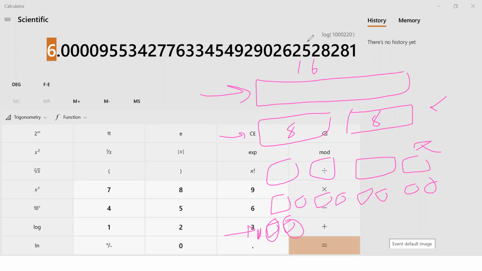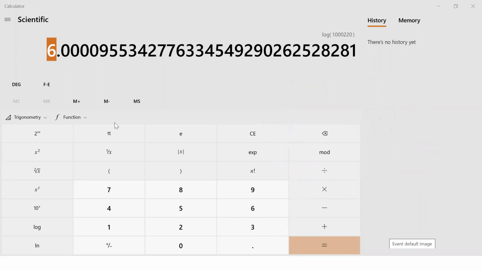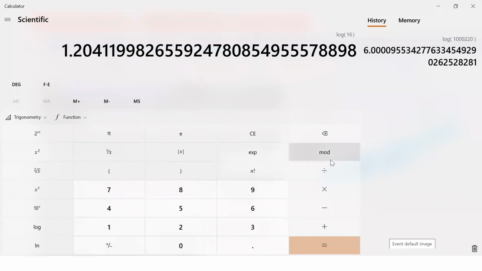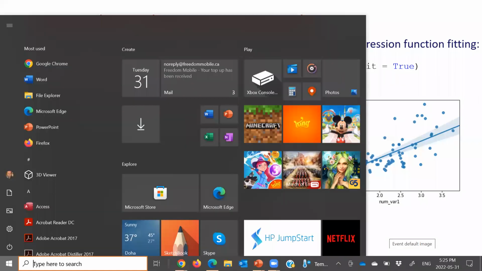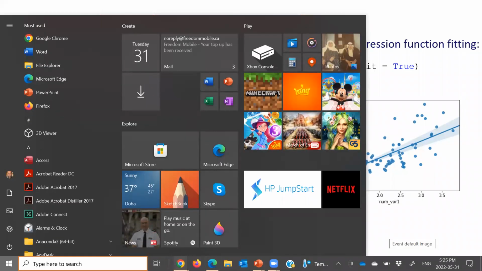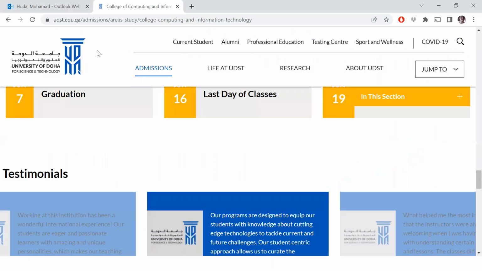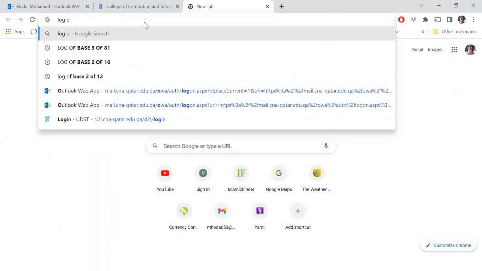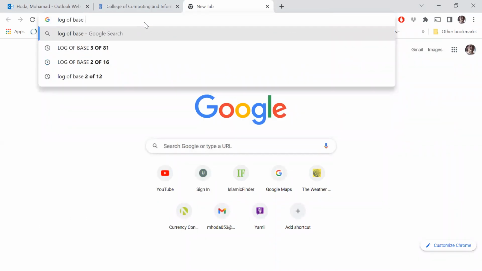Let's look at this part here and write 16. Let me put log of base 2. Why base 2?